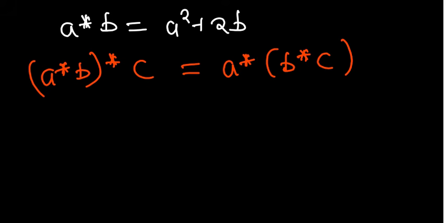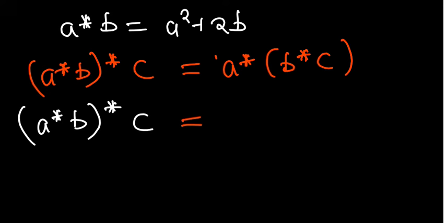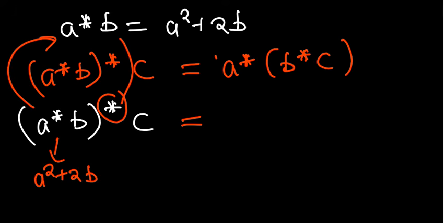So looking at the first one, which is already a star b, and then we have c. Notice that a star b has already been given. It is equal to a squared plus 2b. So we are now performing a binary operation against c. So this is now representing the first part a, and then our b is being denoted by c.